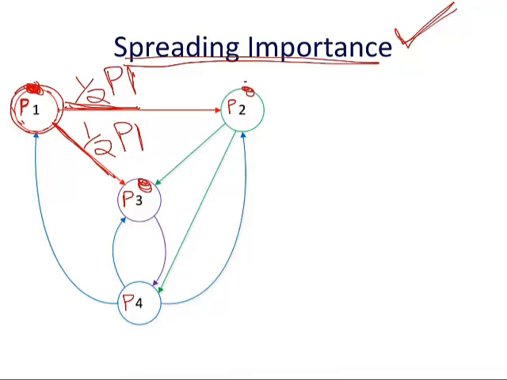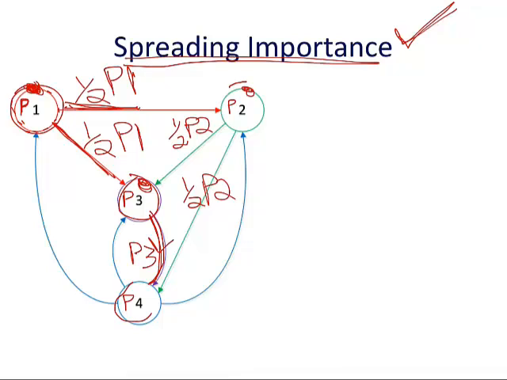We can do the same thing with P2's importance. P2 points to P3 and P4, so it's going to split halfway between these 2. P3, the case is much simpler actually, because node 3 only points to node 4. So it spreads all of its importance score to node 4.